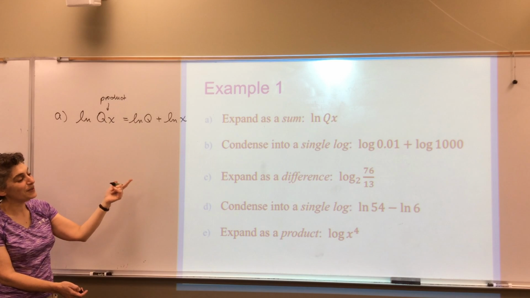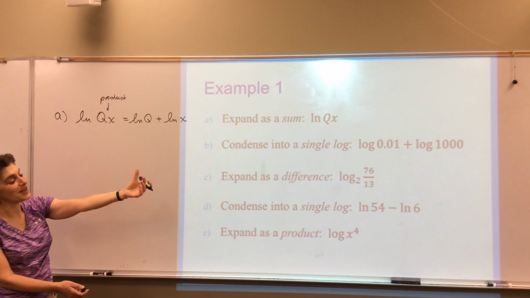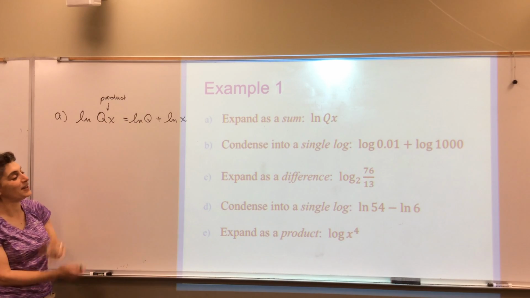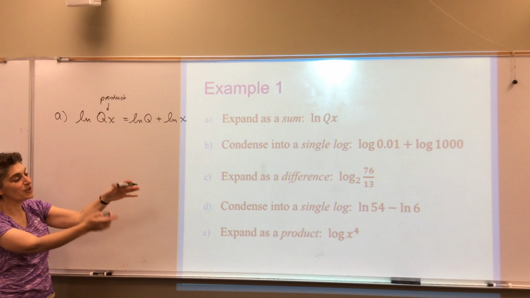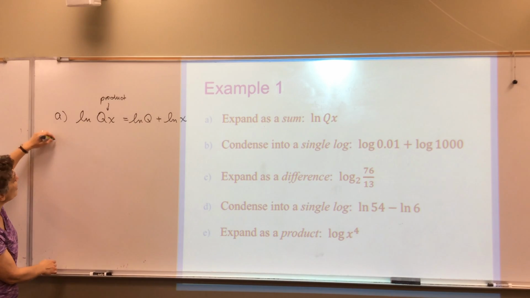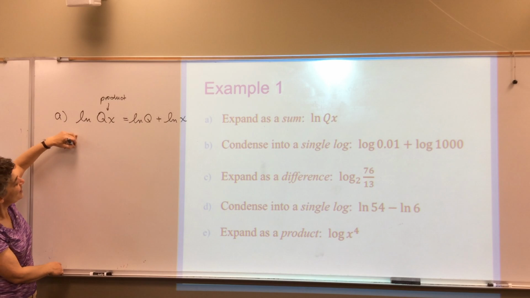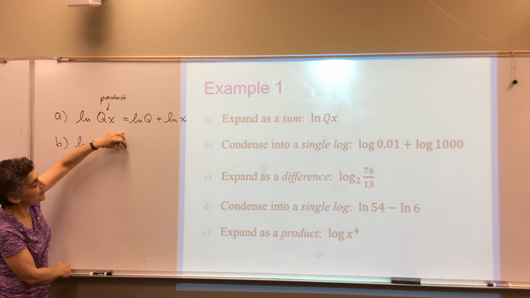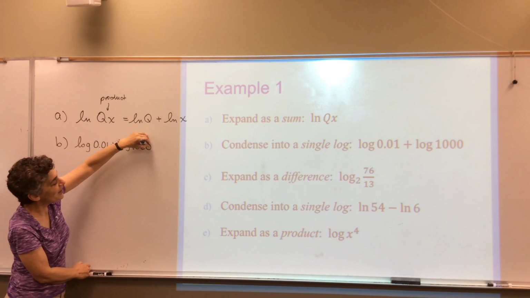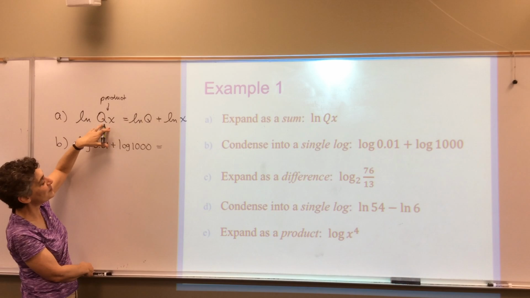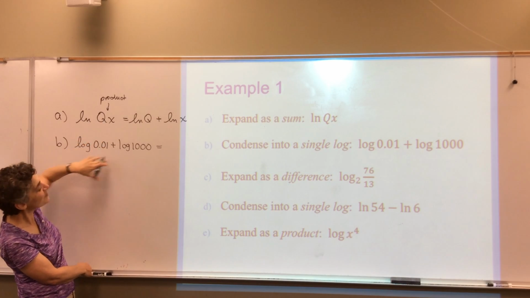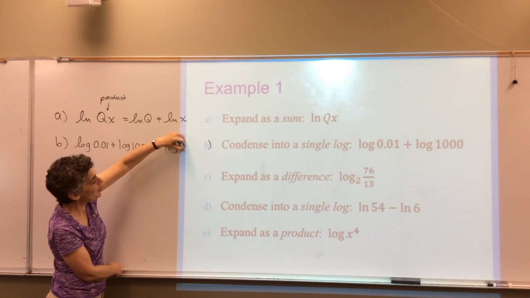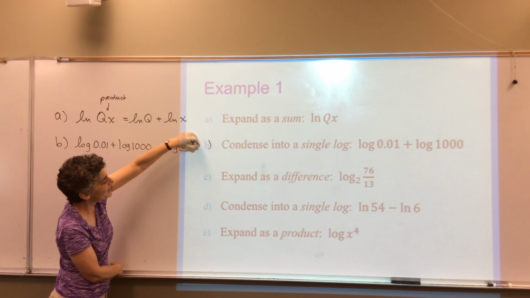In letter B, we're doing the opposite because we're given a sum, like the answer to this, and asked to turn it back into, or condense it, shrink it down into a single log, from two logs back to one. So in part B, we're actually using the product law in reverse, taking the sum of these two logarithms and saying, well, a sum is equal to a logarithm of a product, so this sum is the logarithm of its product, 0.01 multiplied by 1,000.